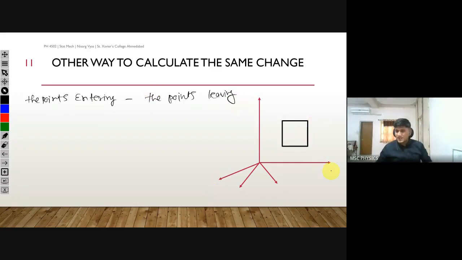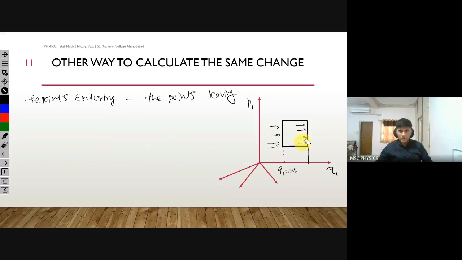Suppose this is a hyperspace, and let's take a simple case of hyperspace, q1 and p1. All other axes we are not taking into consideration, and we want to know the number of phase points entering through this side at q1 equal to constant, and the number of points leaving through this side.